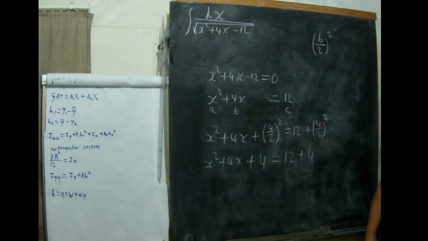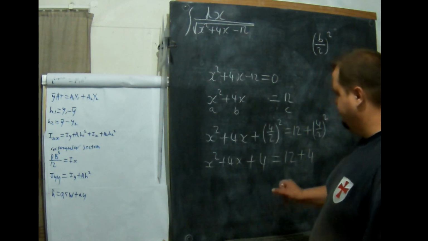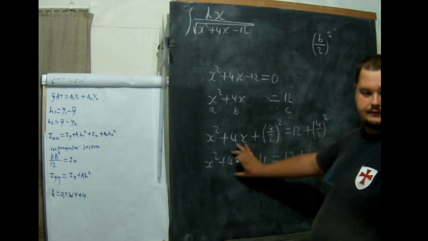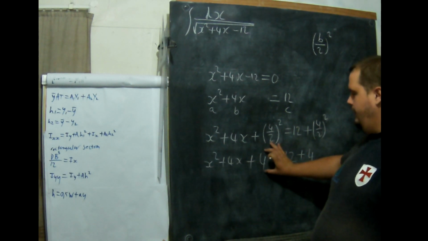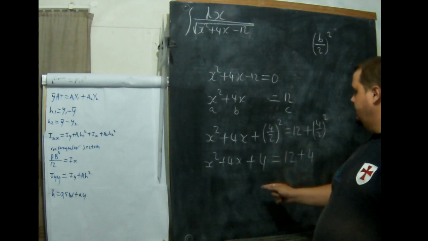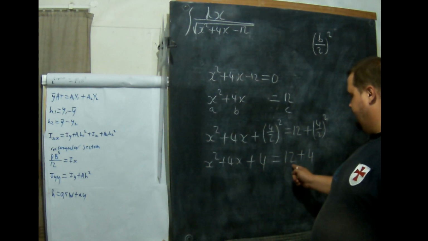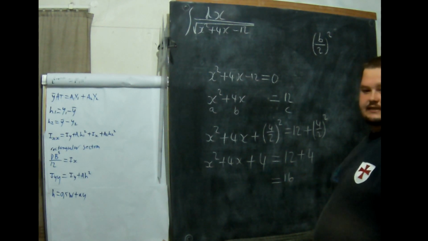Now what we're going to do is take this and factorize it. We're going to factorize this. This will be 16.